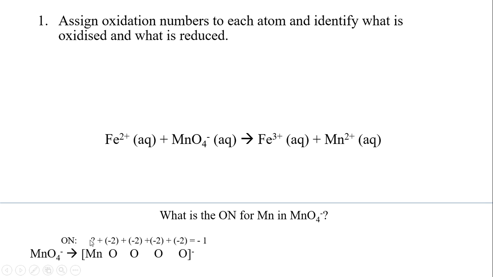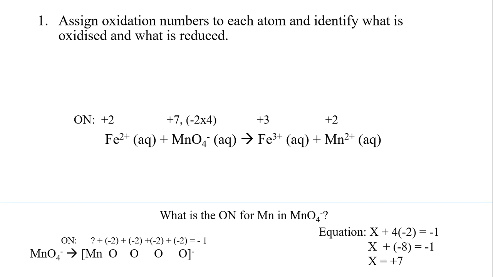The oxidation number for manganese, it's a transition metal, is not obvious straight up. However, oxygen always has -2 within compounds as a general rule. So we can add that up, and you know that the sum of all the oxidation numbers equals the charge of the polyatomic ion. We can write this as an equation: x plus 4 times -2 equals -1. You solve that, and you will find that x is +7.